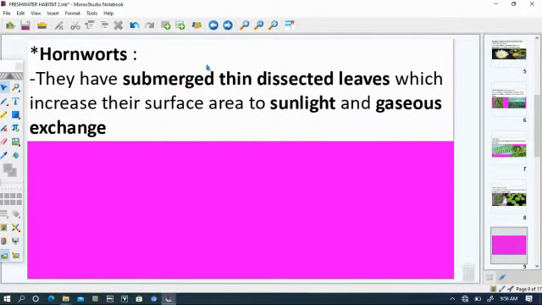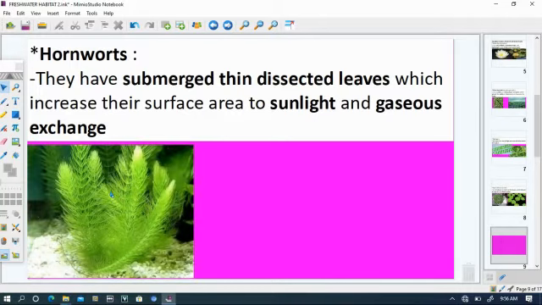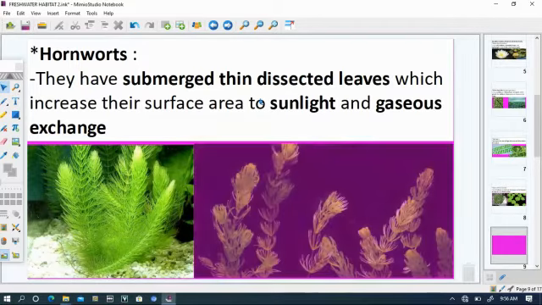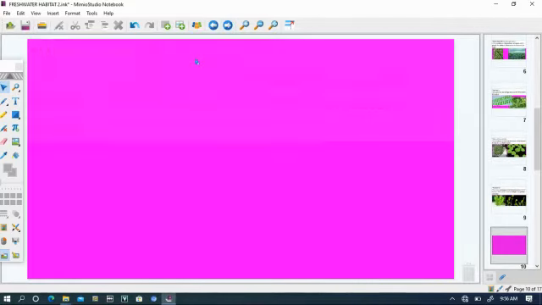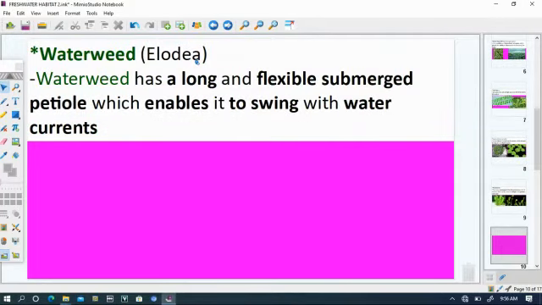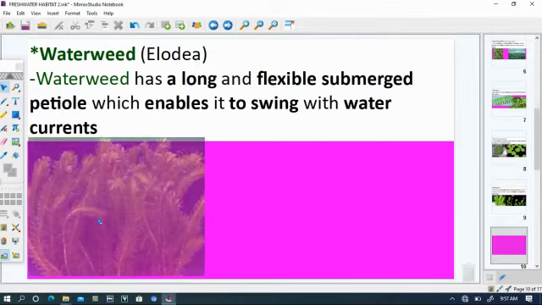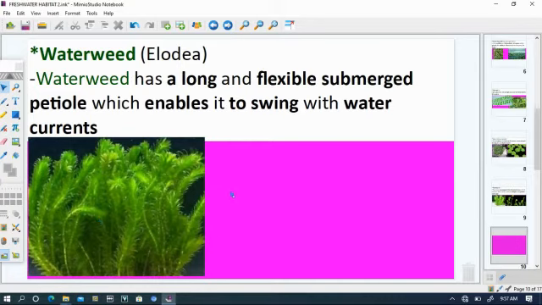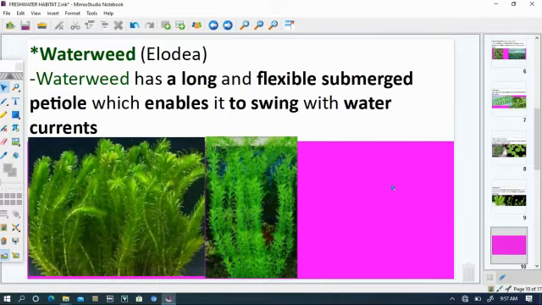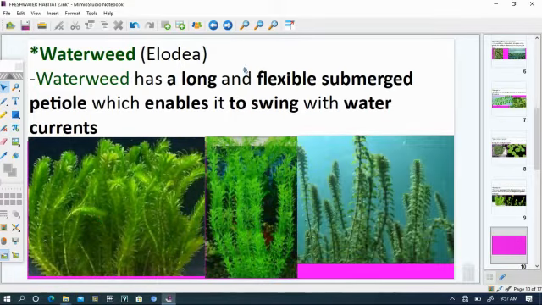Hydrilla. Hydrilla has submerged thin dissected leaves, which increase their surface area to sunlight and gaseous exchange. Water weeds, also known as elodea. Water weed has a long and flexible submerged petiole, which enables it to swing with water currents.